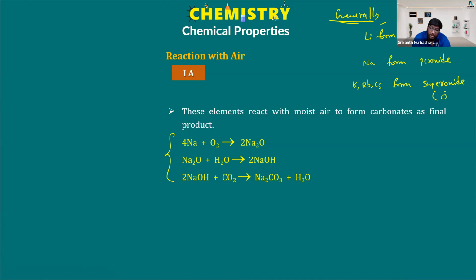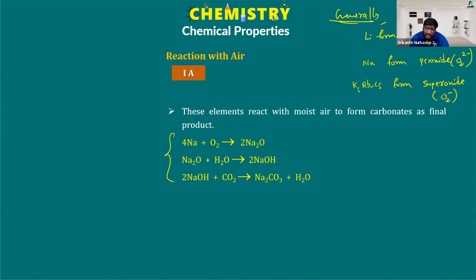Because in superoxide we have the ion, like KO2, K plus, O2 minus. In normal oxide we have O 2 minus. In peroxide we have O2 2 minus. The superoxide ion O2 minus is a large size ion, so only large size cations can stabilize the superoxide ion. The small size Li plus or Na plus cannot stabilize the O2 minus ion.